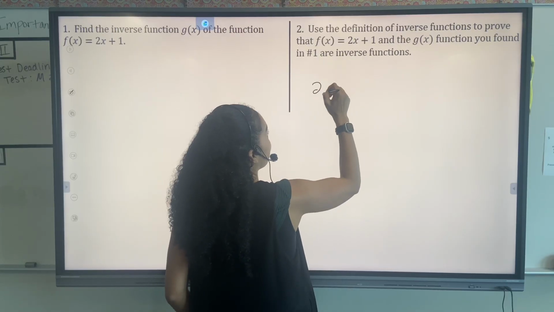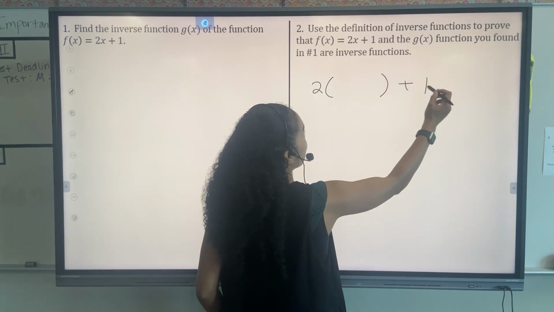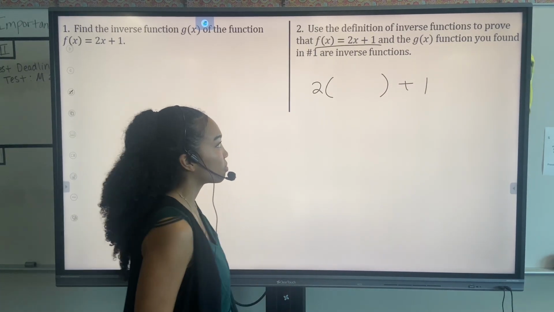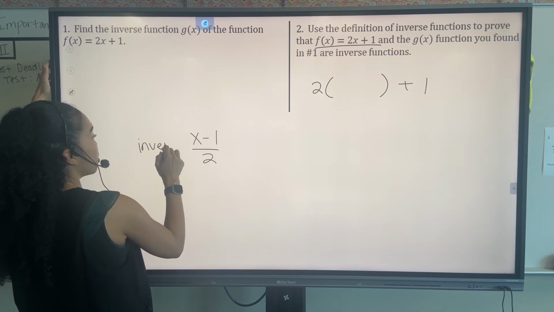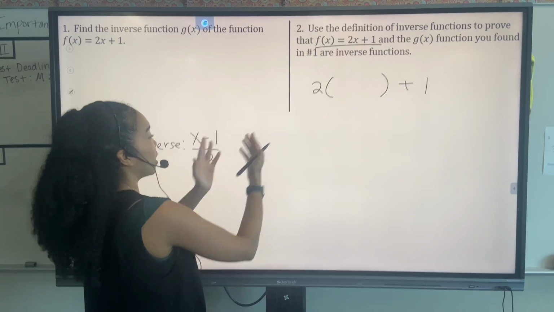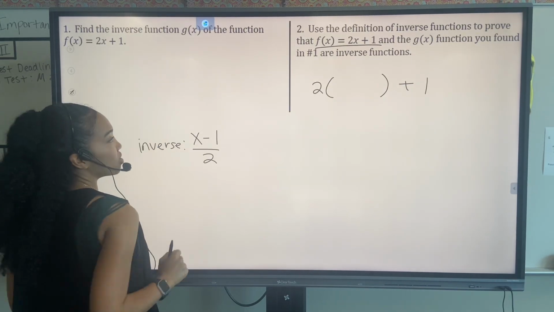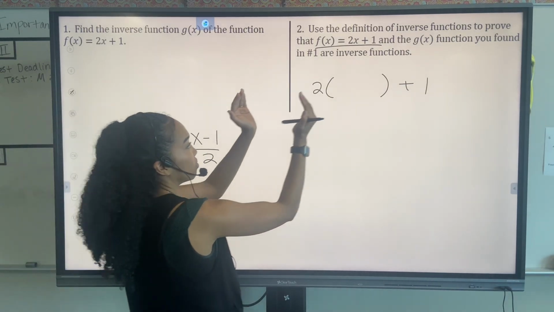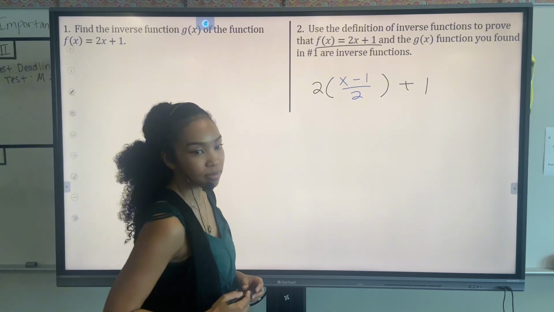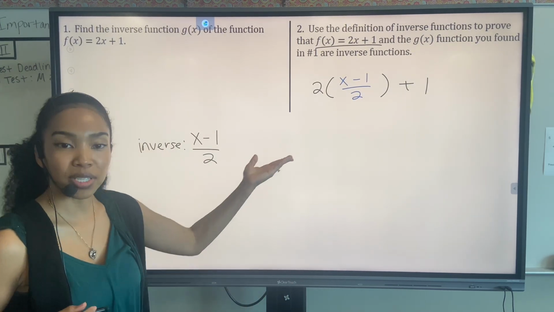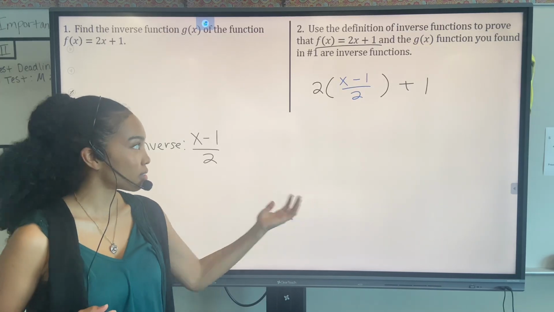So I have my original function 2x plus 1. That's the original function. And we said that this was the inverse. So I have my original and my inverse. So to check to see if they're inverses or not, let's plug this in. So I have x minus 1 over 2. Now, let's see if we simplify down to x.